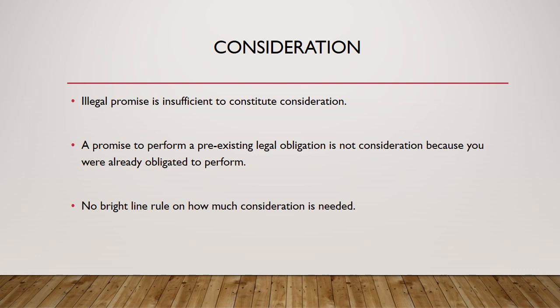So we talk about promises. A promise to perform a pre-existing duty or obligation that you already have isn't consideration because you're not really giving up any value, because you're already required to do that. You're going to do it regardless of whatever contract is being made.